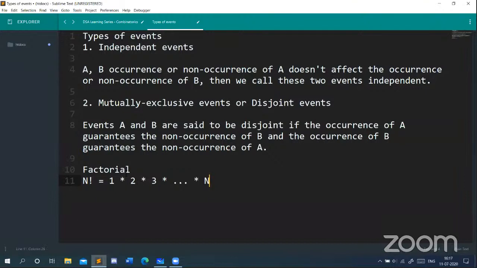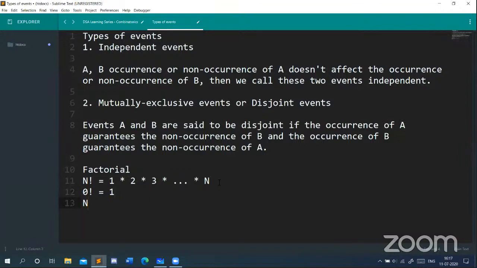This means n factorial fundamentally means I'll take all the positive integers from 1 till n and I'll multiply them, and that is denoted by n factorial. This exclamation mark just means that I'll multiply all the numbers from 1 to n and that will be my answer, right? Also 0 factorial is conventionally taken to be 1.